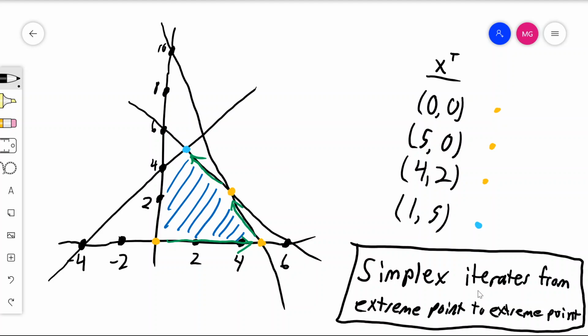So we get this final fact that we've said, but here it is in writing. The simplex algorithm iterates from extreme point to extreme point, and that is how it works. These are actually the extreme points of the original linear program, not even in standard equality form, but the point is that as long as you have the appropriate correspondence, you just go to the standard equality form version, and the extreme points are in bijection.